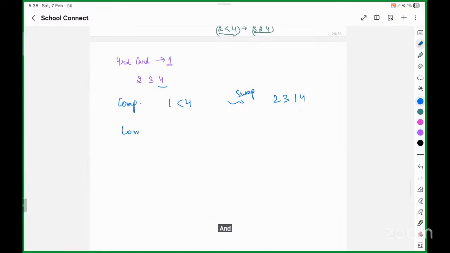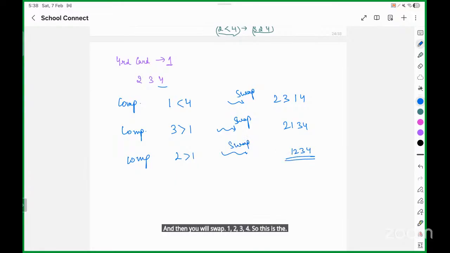And then you compare again 3 and 1. 3 is greater than 1, and then you swap: 2, 1, 3, 4. And then again you compare 2 and 1, and then you swap: 1, 2, 3, 4. So this is the sorted array you get.